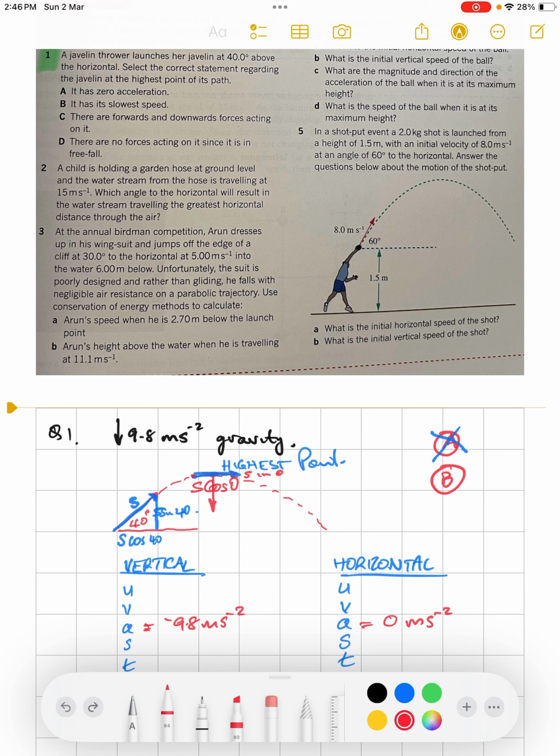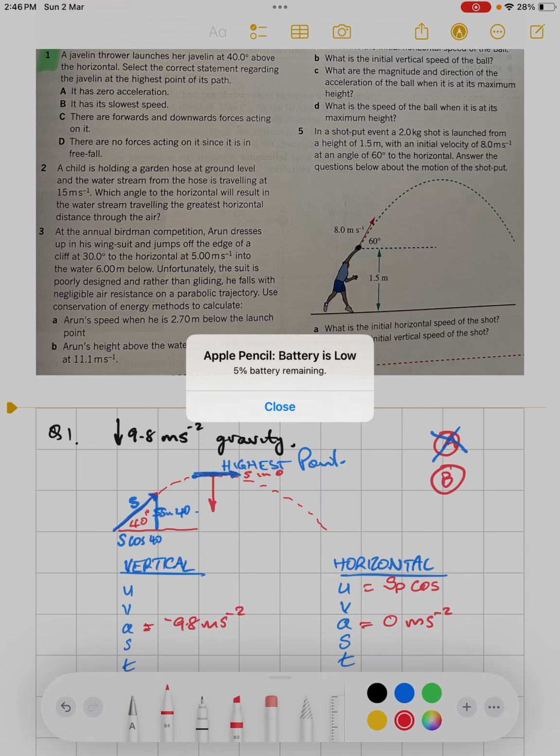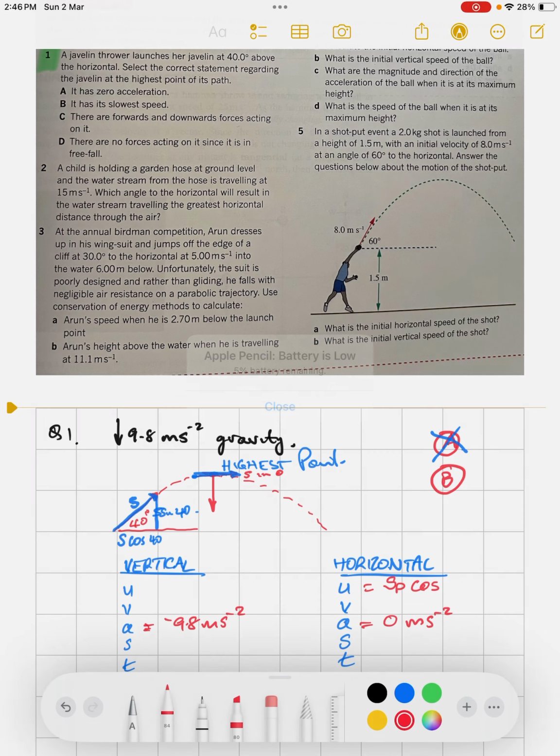Actually, the horizontal component doesn't change the whole time. Our speed, S cos 40, doesn't change the whole time. So it stays at S cos 40, and then it's going to increase, because the S cos 40 is always S cos 40.